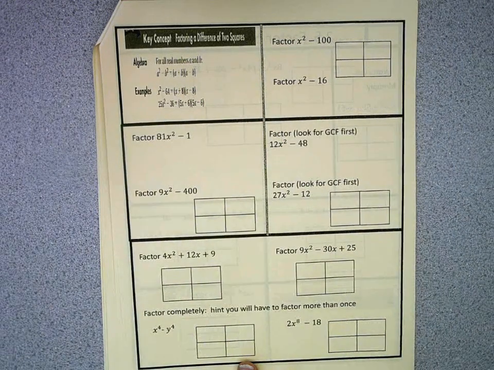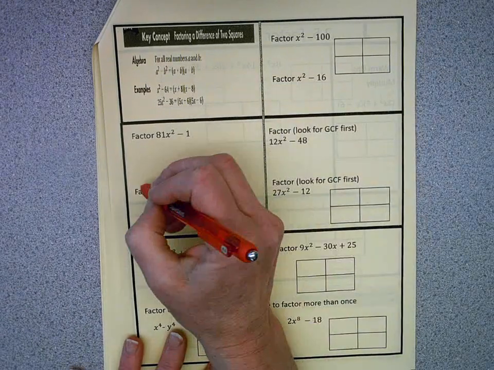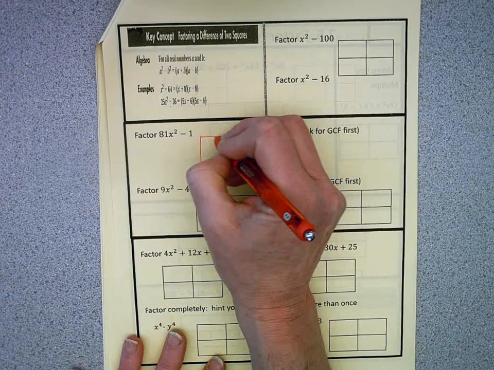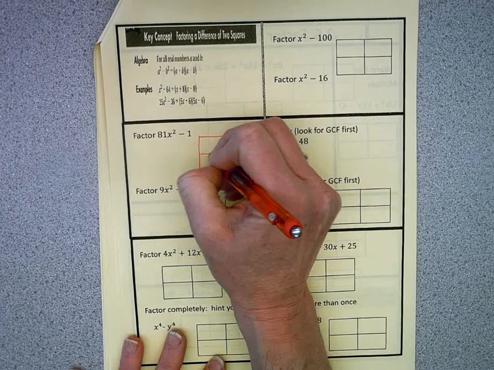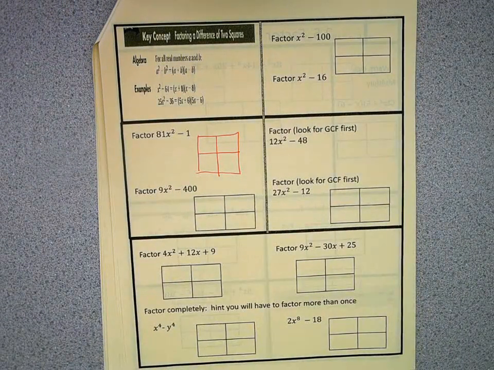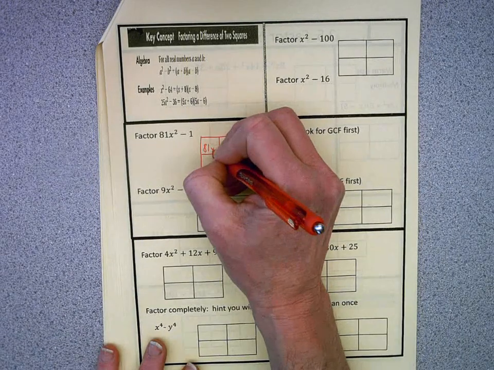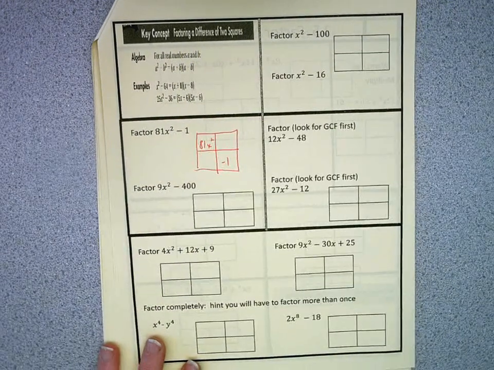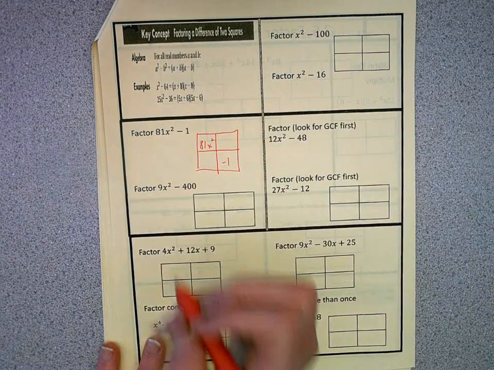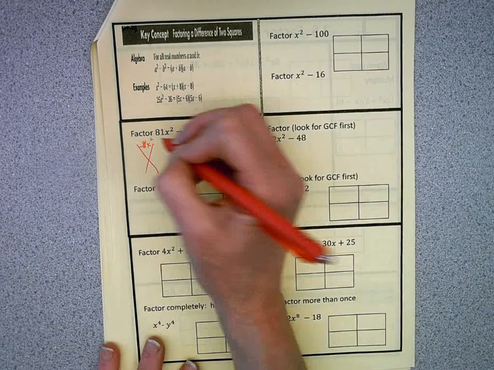So I am going to go down to this question right here. And I'm going to show you in an area model what this would be. I didn't write an area model there for this one, not sure why. 81x squared minus 1. Okay, I have to multiply to be negative 81, which is 1 negative, 1 positive.